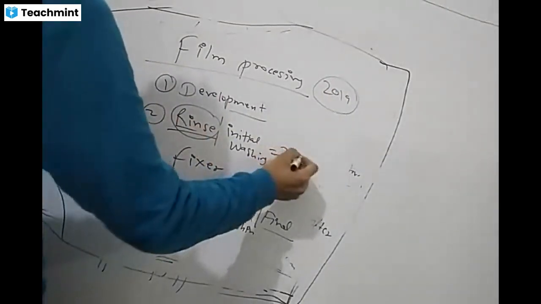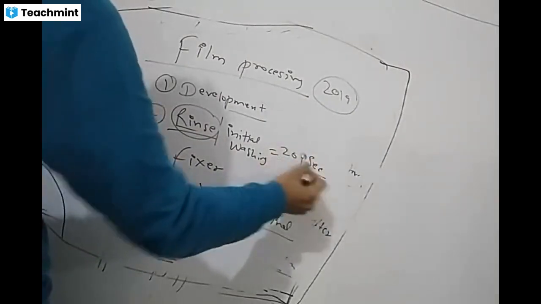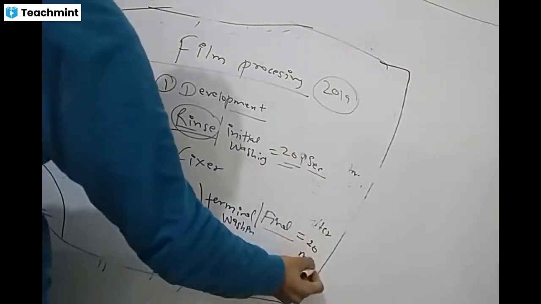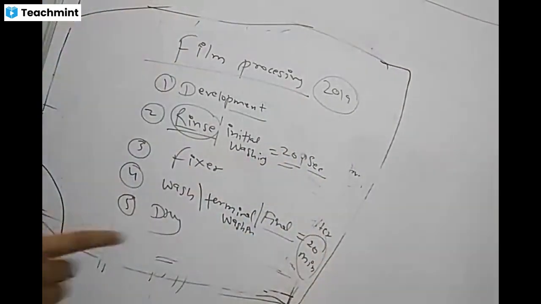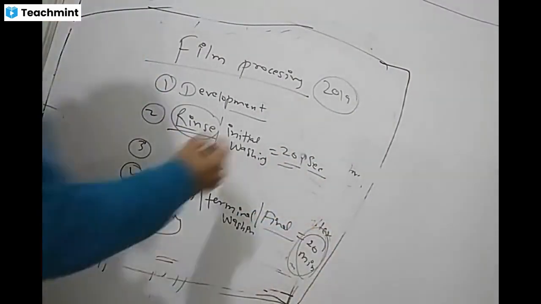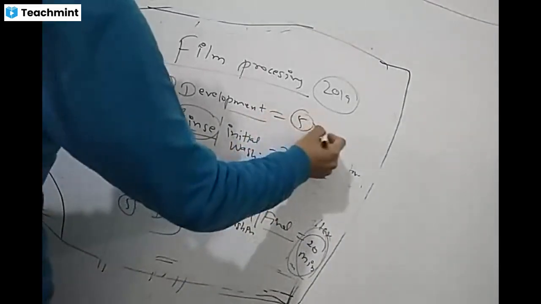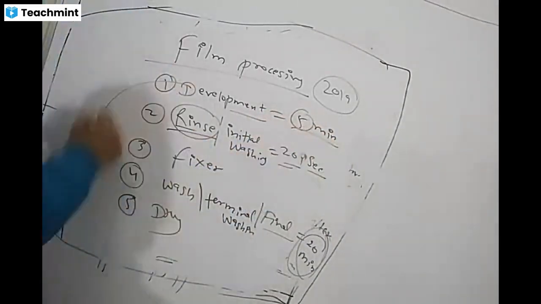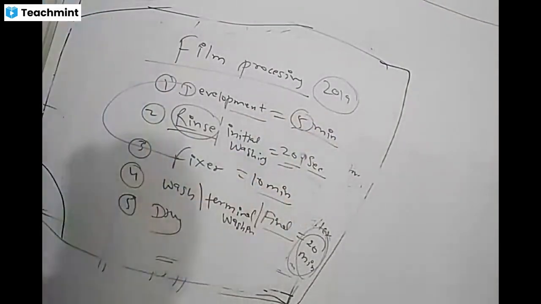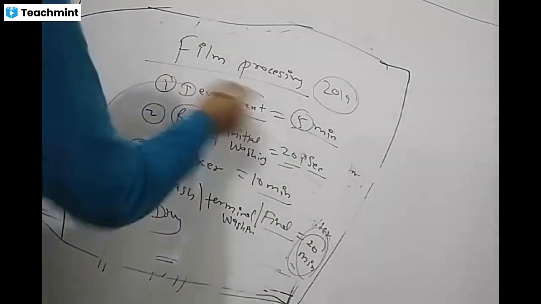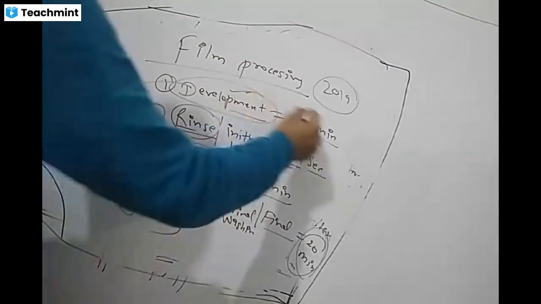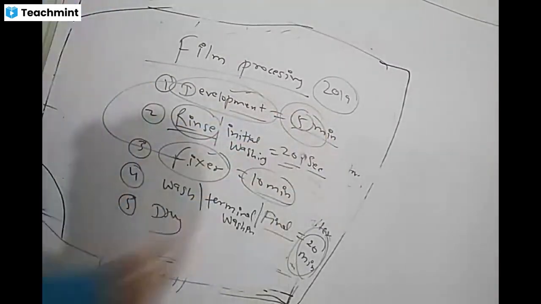If you see, this time is 20 seconds and this time is 20 minutes. Washing means final washing, that is 20 minutes. Development is 5 minutes and fixer is double of this, 10 minutes. So it's simple. The main chemicals are present in developer and fixer. So this chemical 5 minutes and this chemical 10 minutes.